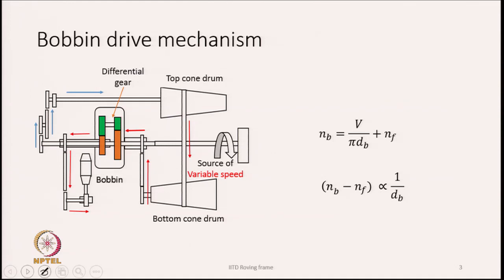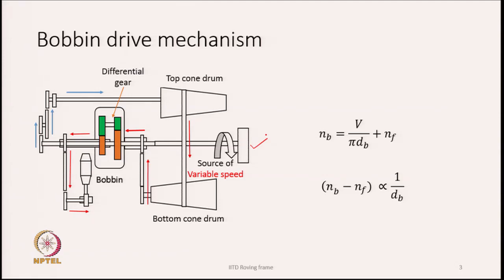A typical drive mechanism is shown in this particular slide. If we look at this slide carefully, there is a central shaft. We call it the main shaft, and this shaft gets its drive from the motor through a set of gears or maybe pulleys, and the speed of this shaft is always fixed and constant.